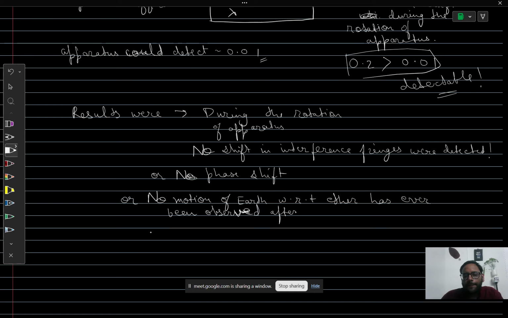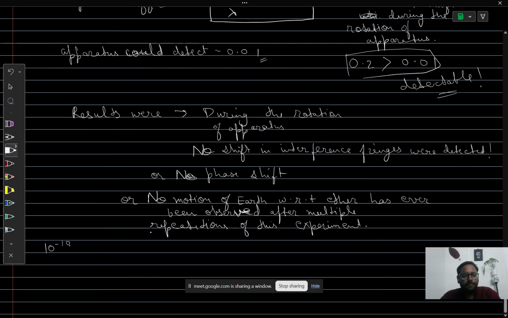after multiple repetitions of this experiment. In modern times, the sensitivity is up to like 10 to the power minus 10 in modern experiments.